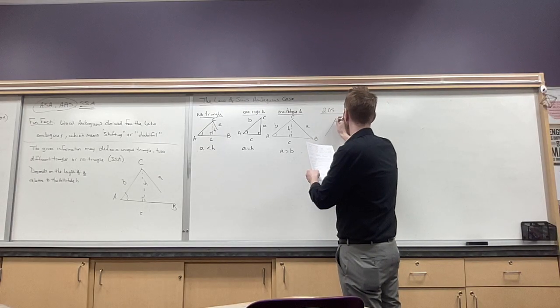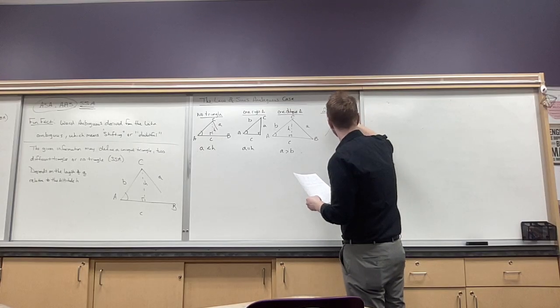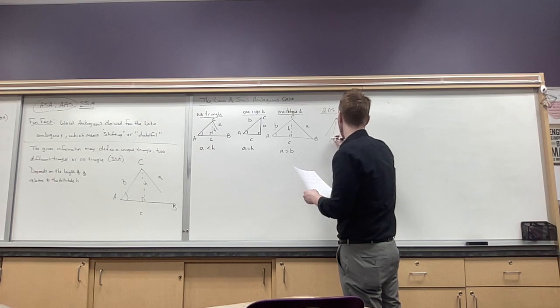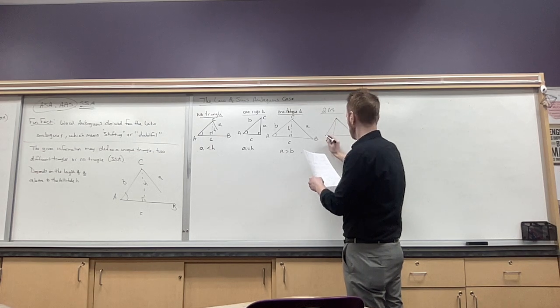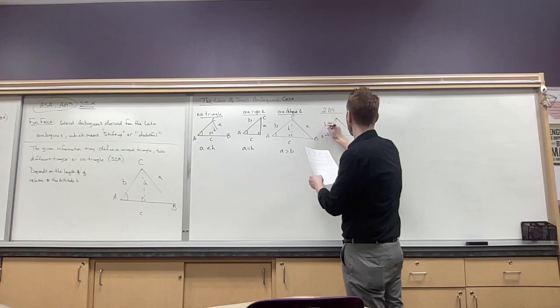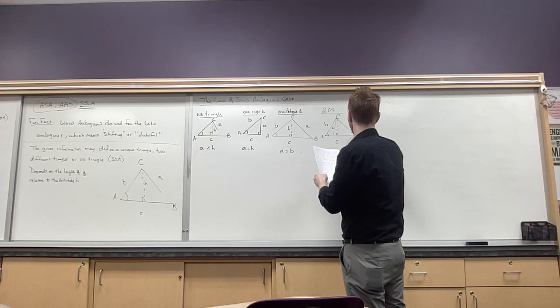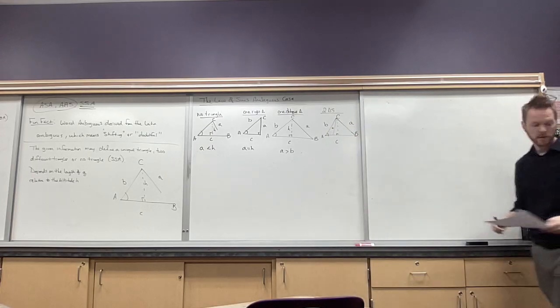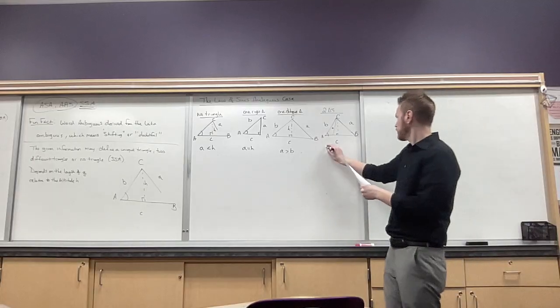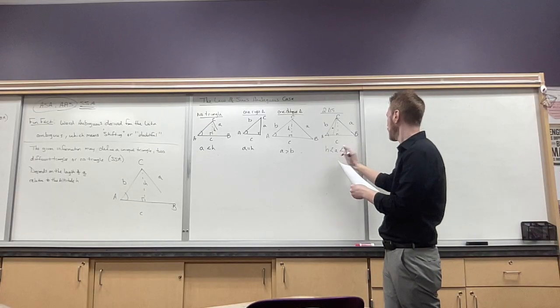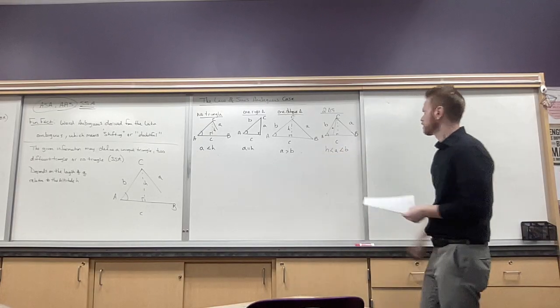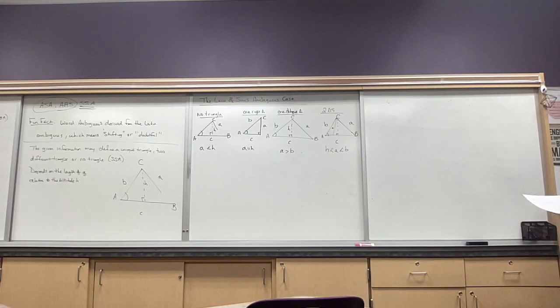It looks something like this, and let's see if I can draw it the best I can. There we go. This is when the altitude's height and that side are between those two measurements. Those are our cases that could pop up with a side-side-angle.